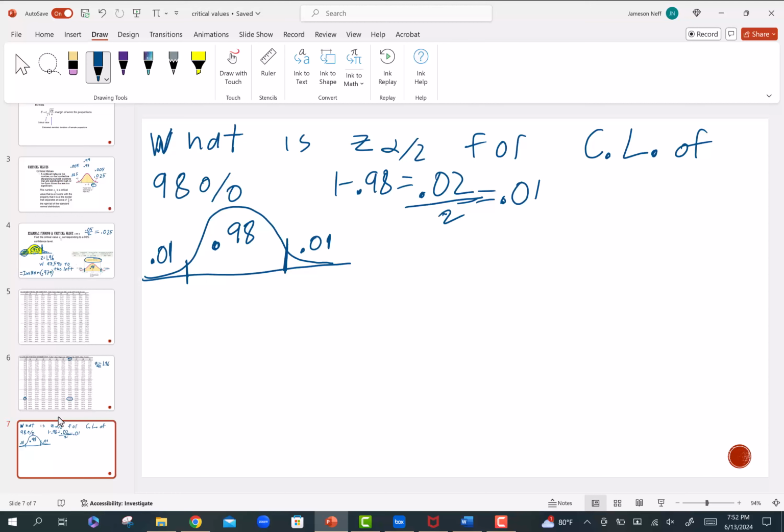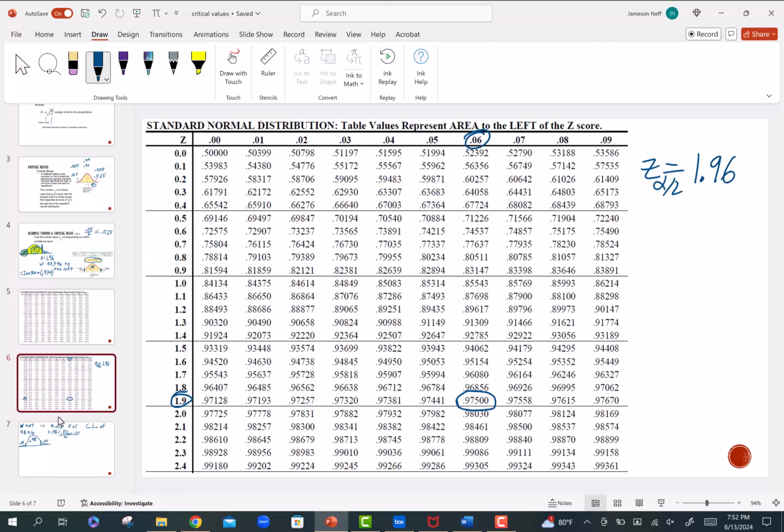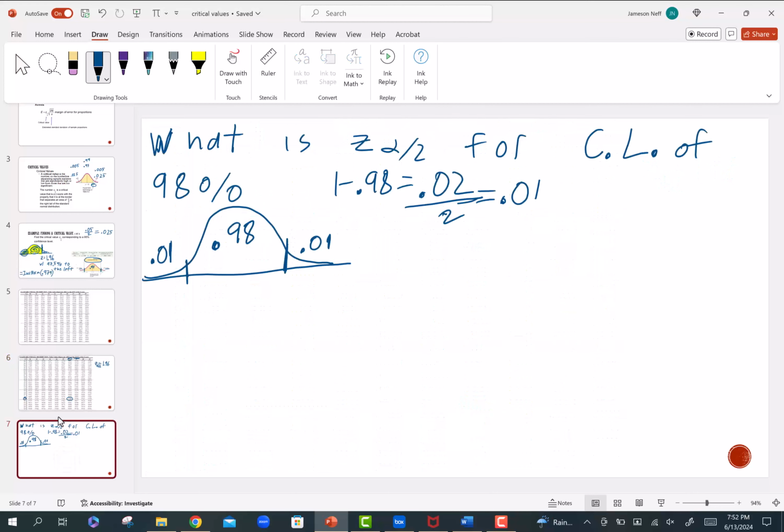And then remember, again, our table only finds values to the left of the z-score. So I want to find what this z-score right here is that cuts off 99% of the area. So I want to look for 0.99 in the table.